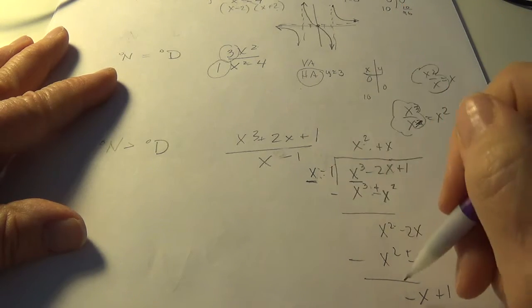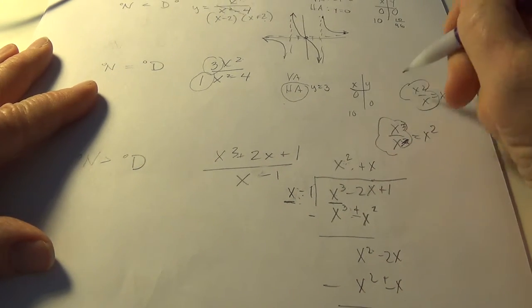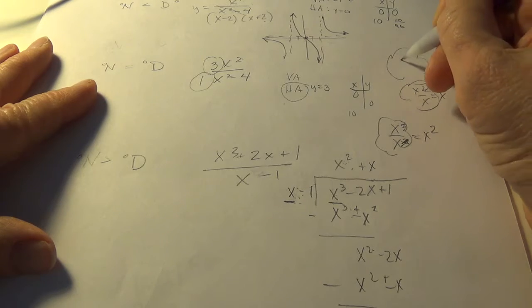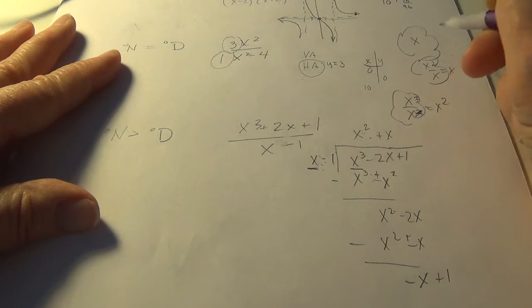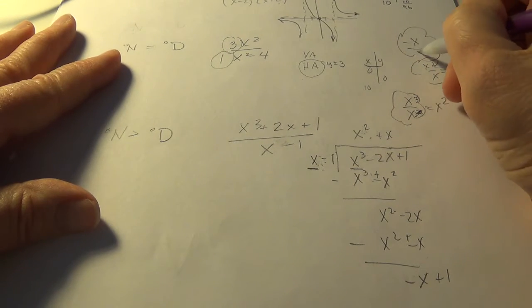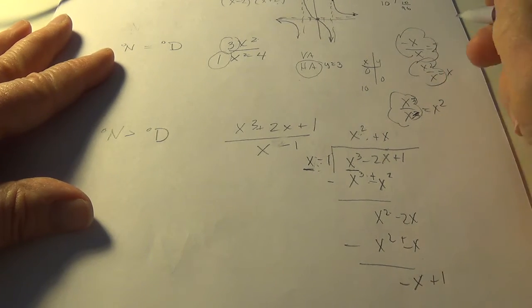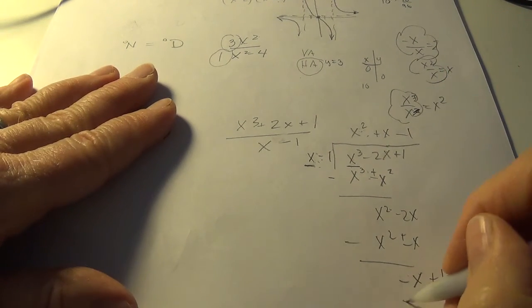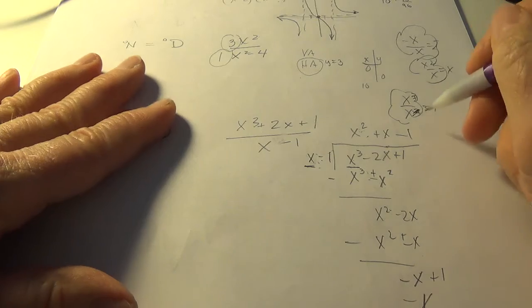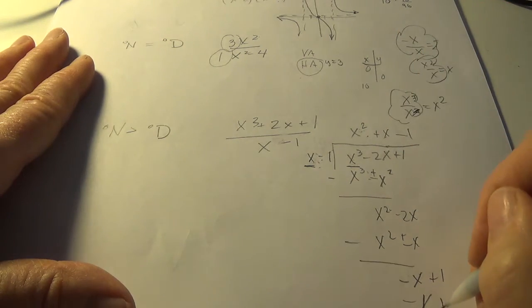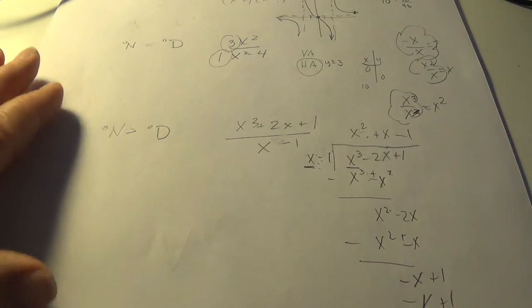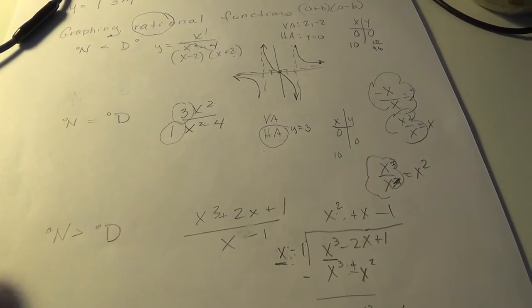This divided by that. So we have a minus x divided by an x, which is just a minus 1. Multiply. Minus x plus 1, and it came out evenly, so we don't have a remainder.